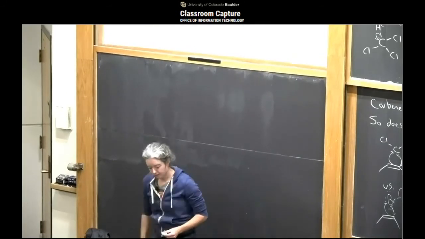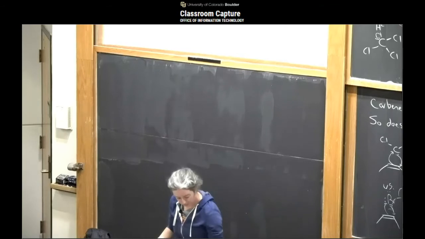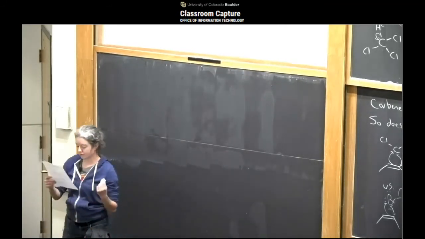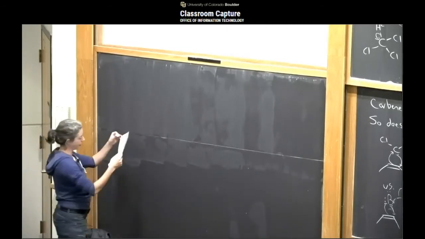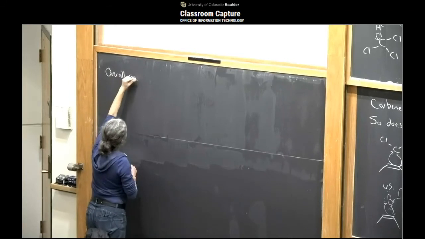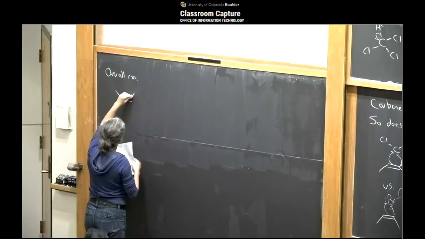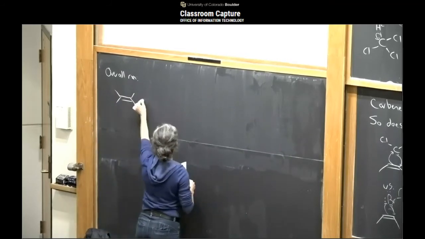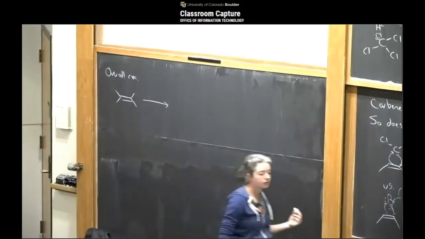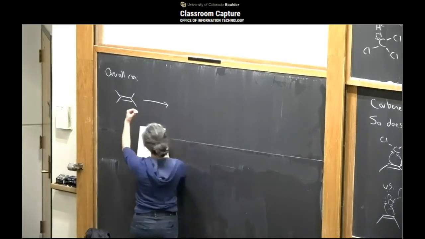Okay, so just realizing I don't have a picture of how the overall reaction might look. Oh, yeah, I do. Here it is. Okay, so overall reaction, for example, might look something like we have an alkene here. So we have some alkene here.